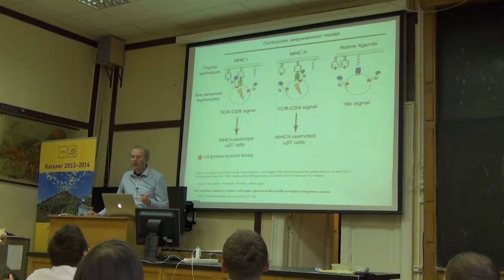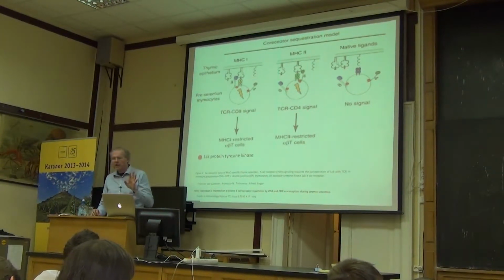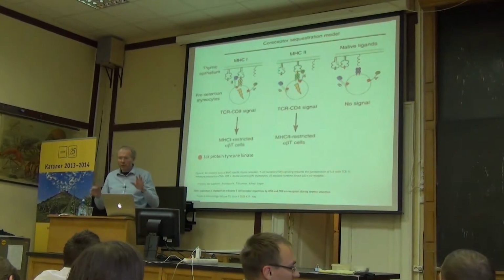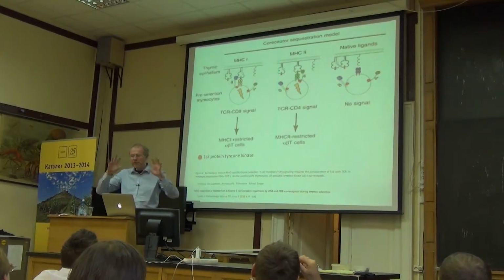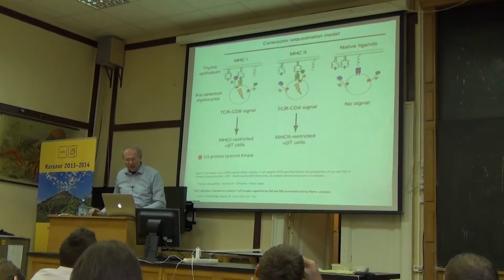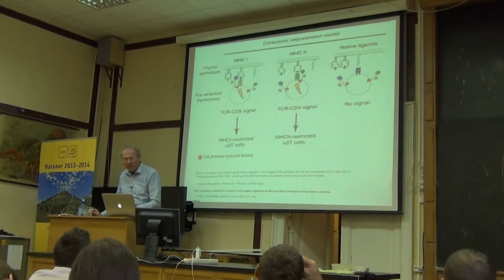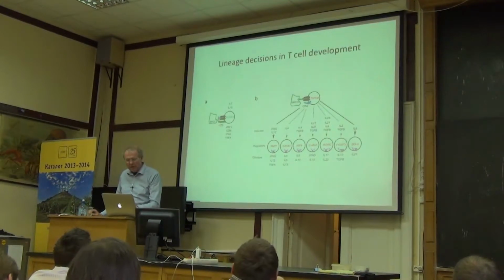Yes, this is a complicated selection process which we are not discussing. We simply take it as fact for the moment that one type of T cell has CD4, the other one has CD8, because it's been selected in the thymus for binding to either one or the other MHC type. I'll only come to this in a moment.